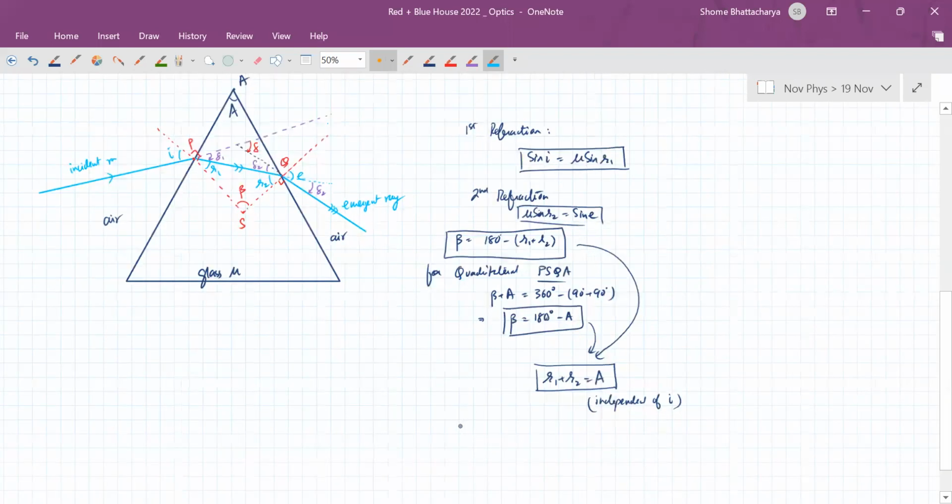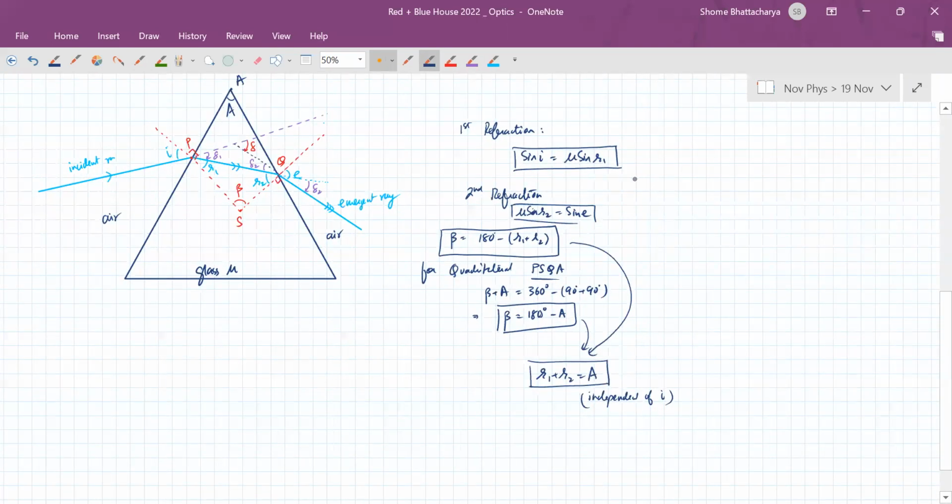So now you can see that this refraction is giving us a deviation, which in that diagram is I minus R1. And this refraction, which you can see in this diagram, is giving us a deviation E minus R2. It's also clockwise.